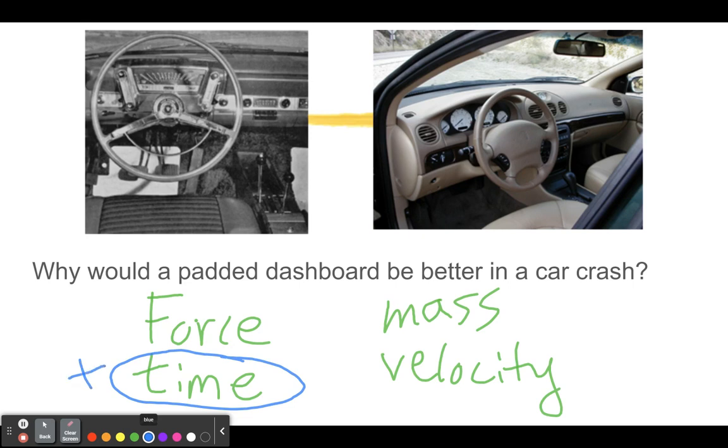And if there's more time to stop, then the force is going to be less because the time that it takes is more. So you have to stop either way. You weigh the same either way, but the force will be less if the time it takes you to stop is more.